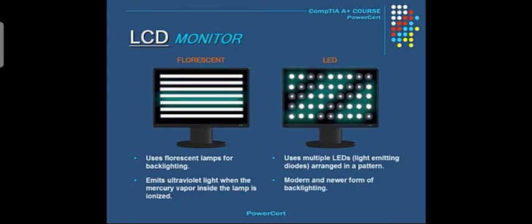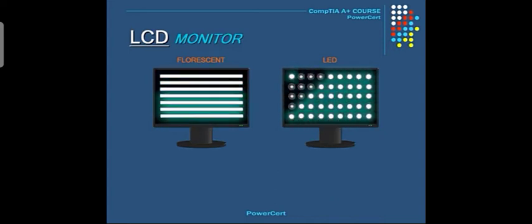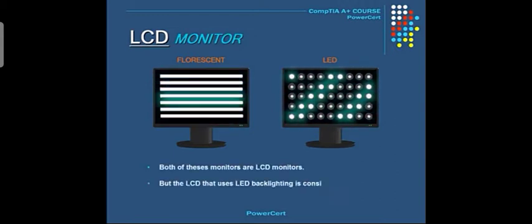In fact, most, if not all, new LCDs today use LED backlighting. Now both of these monitors are considered LCD monitors, but the LCD that uses the LED backlighting is considered an LED monitor. So an LED monitor is just an LCD monitor that uses LED backlighting.